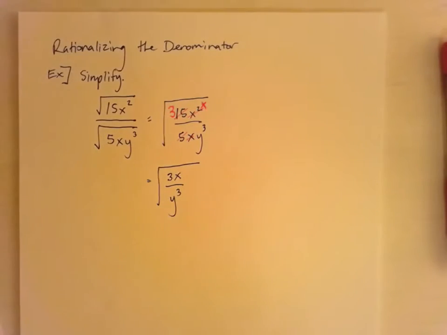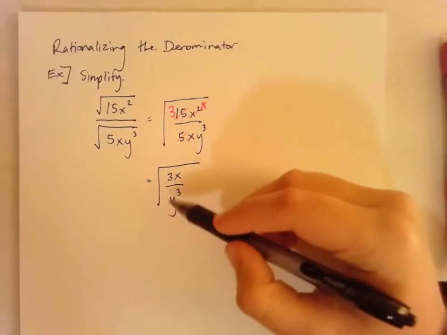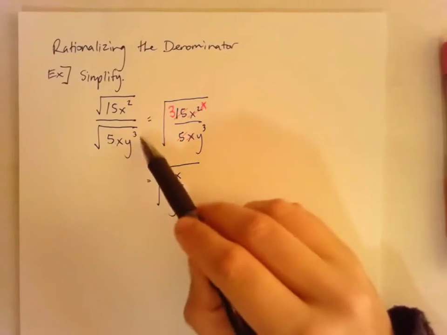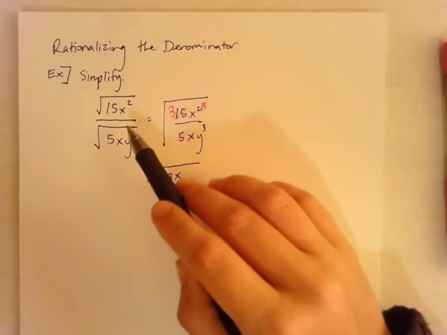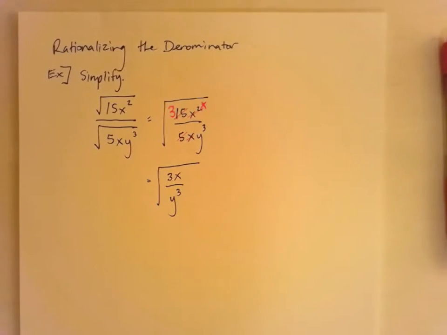Now, what we have here is a problem in algebra. What we have here is a radical in the denominator, and we can't have that. We can't ever have this situation where we have a radical in the bottom of a fraction. It's just not very neat in algebra. It's not something we call fully simplified.